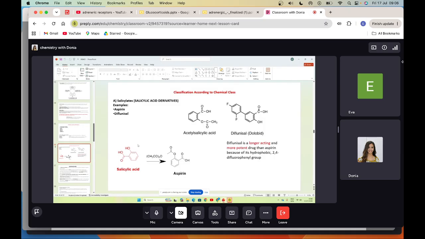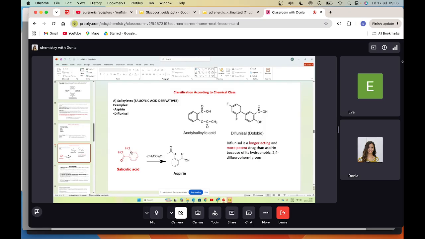We cannot take salicylic acid because it would cause high irritation. So we make acetylation to this OH to give me acetyl salicylic acid, which we call aspirin. The other name for aspirin is acetyl salicylic acid. It's a salicylic acid, but we made acetylation to the OH.